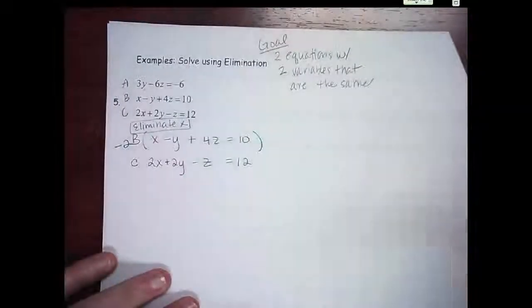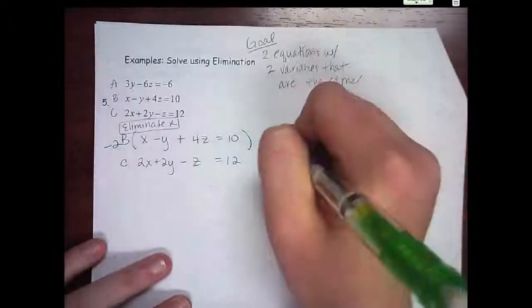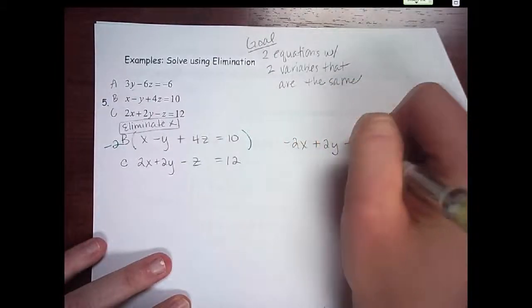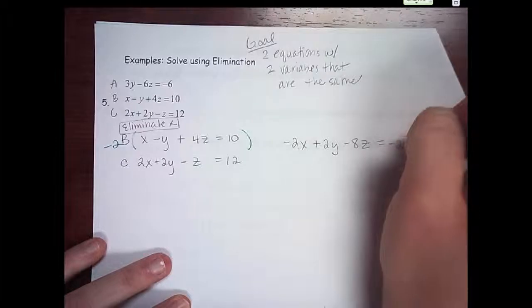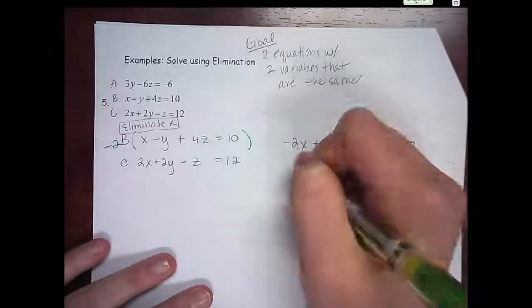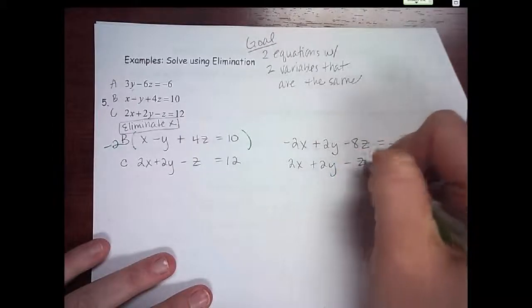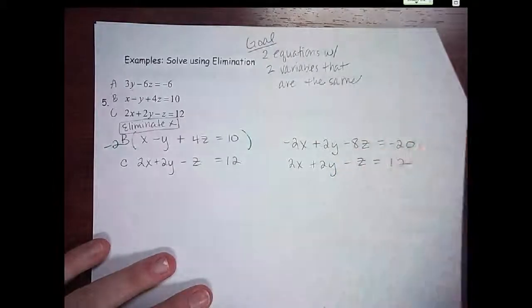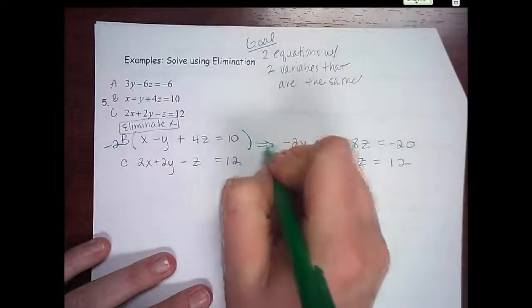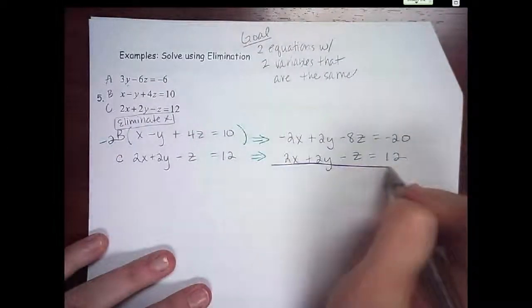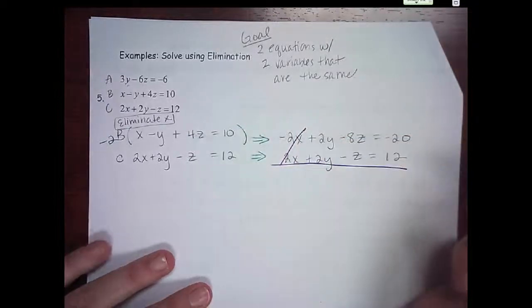Okay, I'm going to rewrite that over here. So negative 2x plus 2y minus 8z equals negative 20. And I leave the second equation, 2x plus 2y minus z equals 12. Okay, so let's eliminate. This goes away.